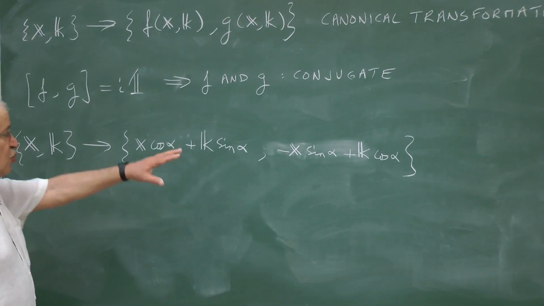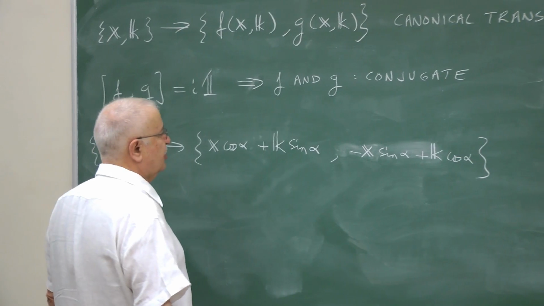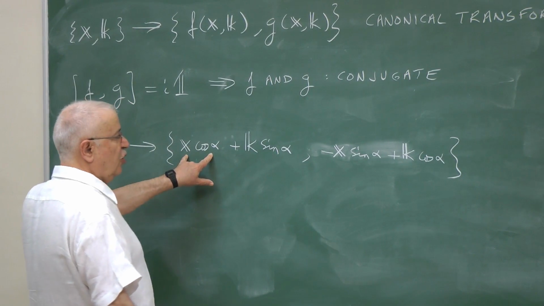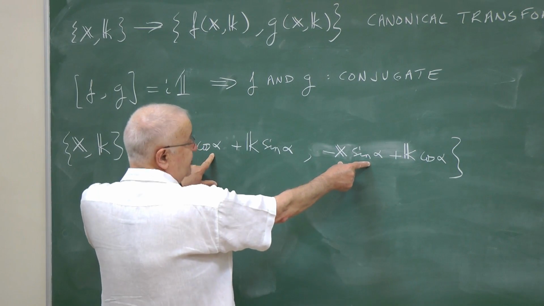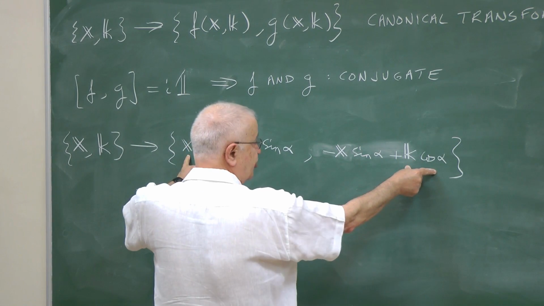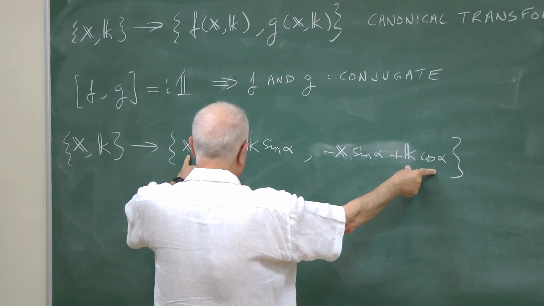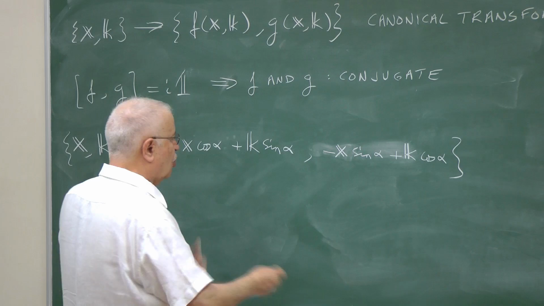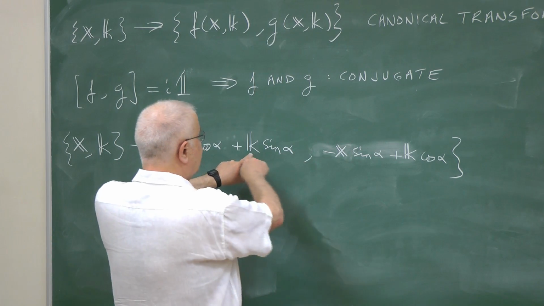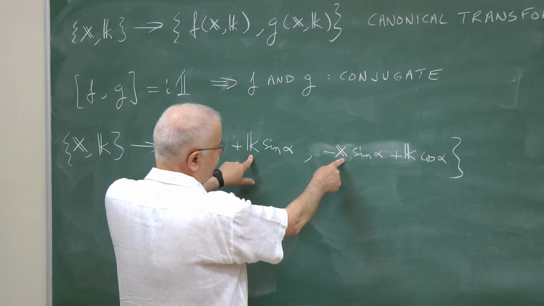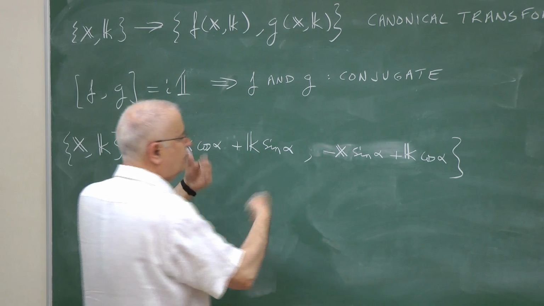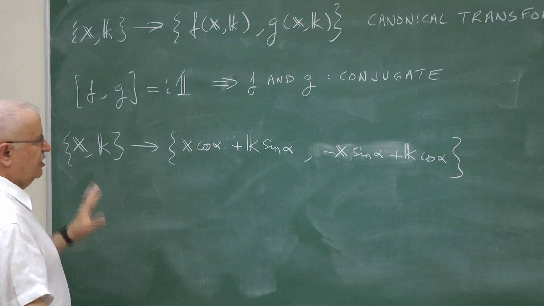Now, what is the commutation relation of these? The x cos alpha term will not see this because x and x commute. It will catch this. It will be the x, k commutator cosine square alpha, and this will be k commutator with minus x, which equals the commutator of x and k, sine square alpha. So they are conjugate.